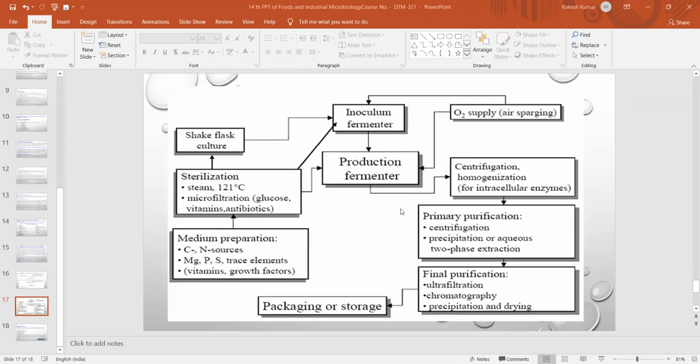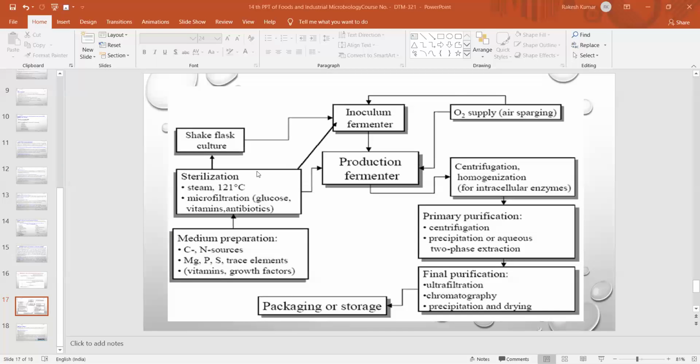Here in this method, I have also tried to give you complete information about bioprocessing. First of all, medium preparation is very important. Sterilization is given to get a sterilized substrate. At the same time, culture propagation is done as per the requirement of the fermenter, with whatever temperature, pressure, and strain you have to use.